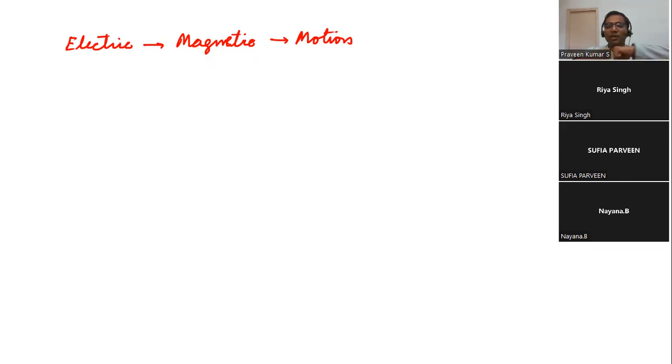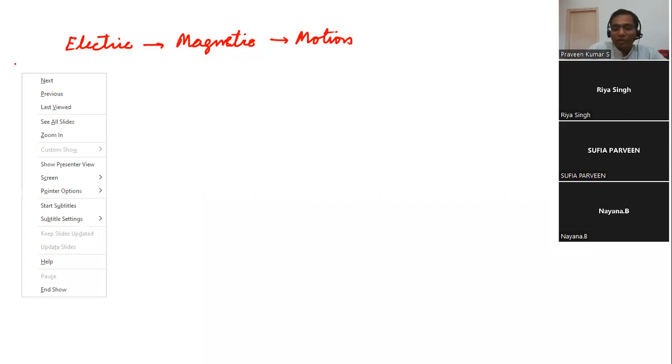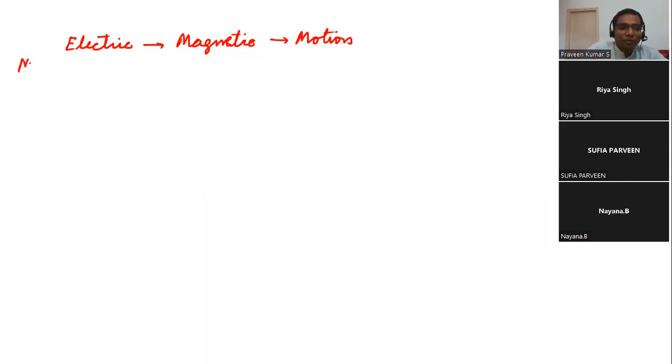Then there will be some movement, right? There will be some movement in one particular direction. So that is what we make use of. All the appliances which use current to create motion are actually falling under the category of motors.